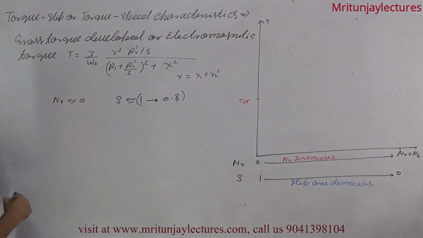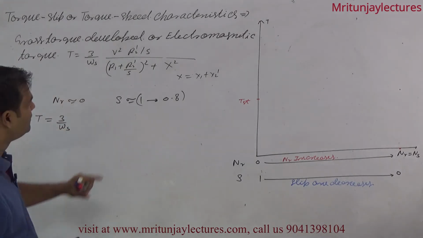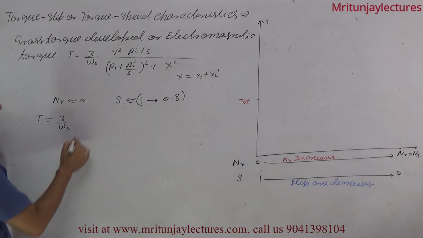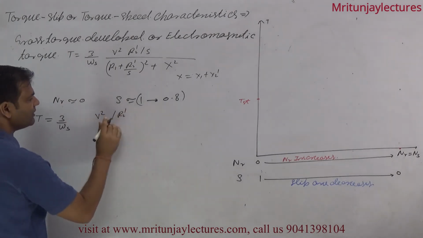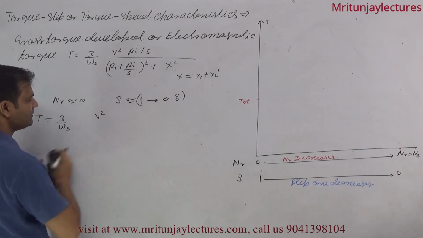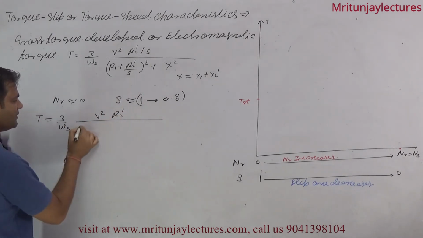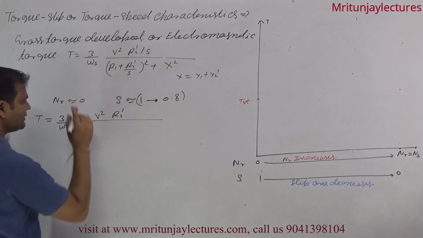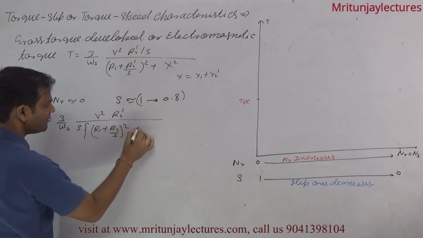Now in this duration, if you consider torque, T equals 3 divided by omega s into R2 dash by s, divided by R1 plus R2 dash by s, the whole square, plus X square.